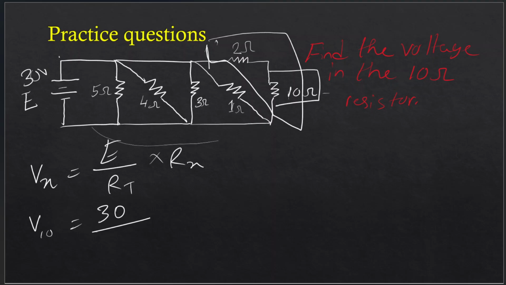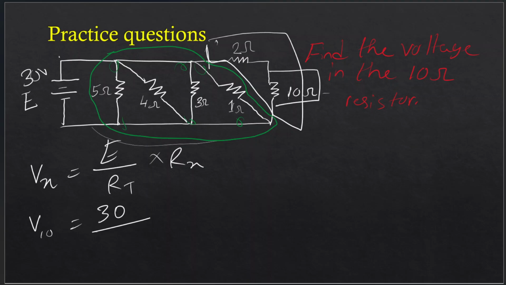All of this, let me draw it with another color, is in parallel connection. Here two common points. So these are all in parallel connection. So in RT, for the voltage divider, all these parallel connection resistances do not matter. Only the series connection here matters.